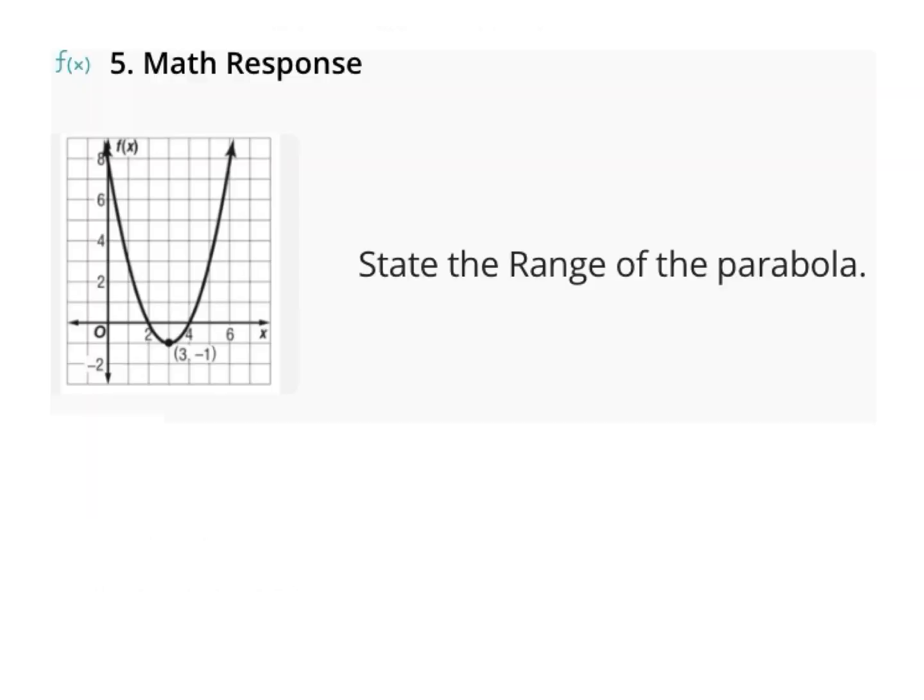Stating the range, we should know that the axis of symmetry comes from the x value of the vertex, and the range comes from the y value of the vertex, right? It's pretty simple. The domain are your x values, the range are your y values. So if I'm asking for the range of this parabola, I'm really asking for the y values of this parabola. As you could see, the vertex is here, and that has a y value of negative 1.